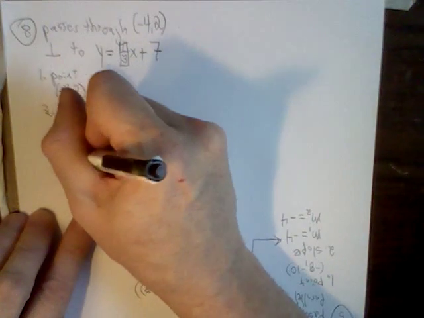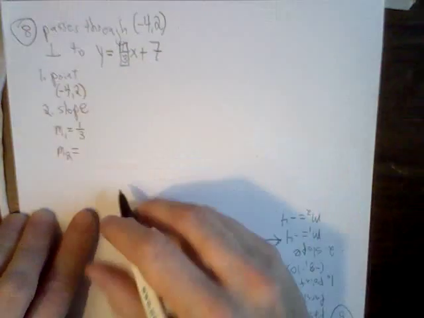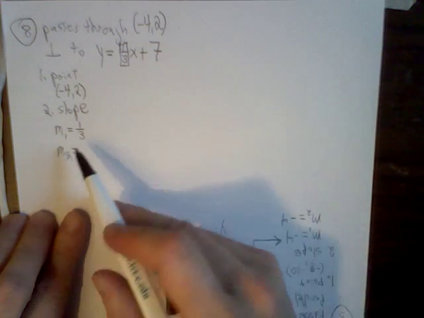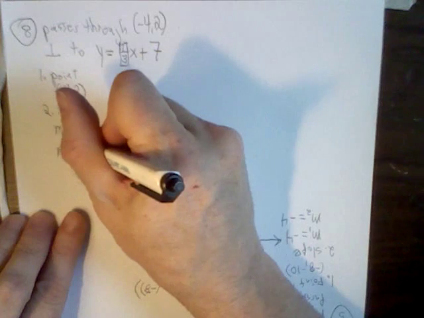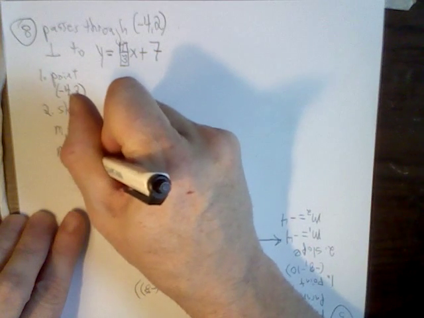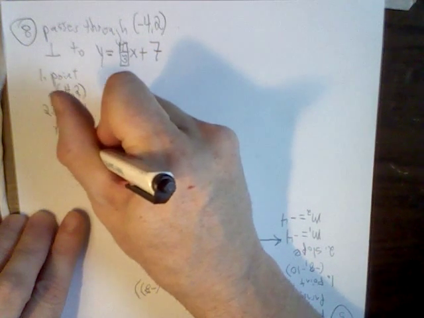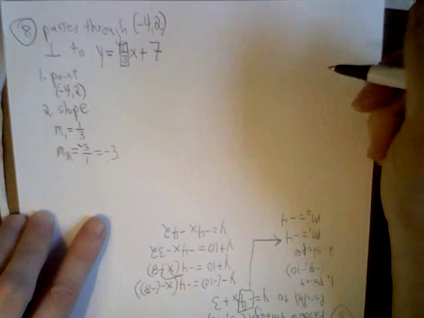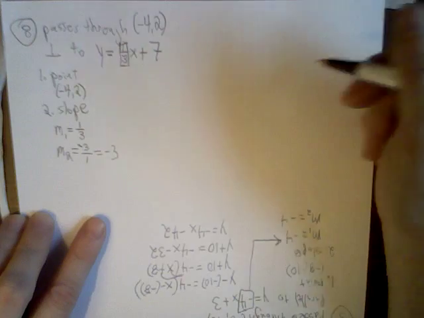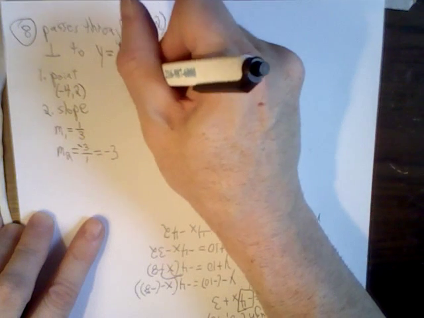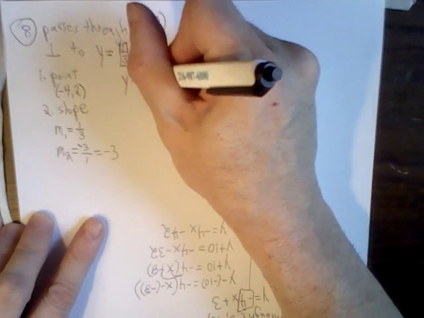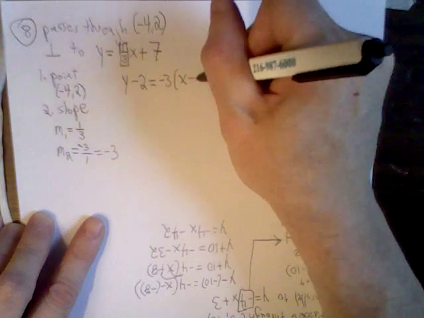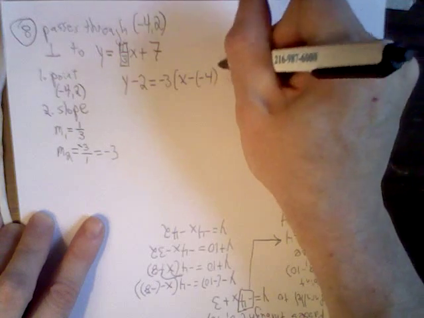And then our slope, then, we can find by just taking the negative reciprocal of 1/3. Okay, so to get the negative reciprocal, you flip the original and then you make it negative. Okay? So our slope must be negative 3. Okay, so for our equation, we'll have y minus y1, which is 2, equals negative 3 times x minus negative 4.